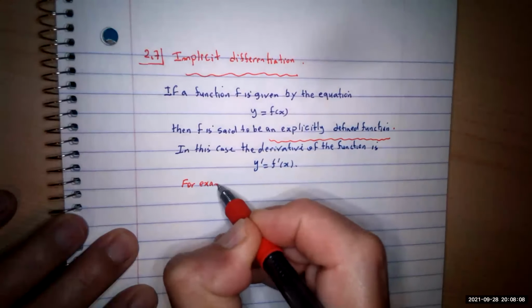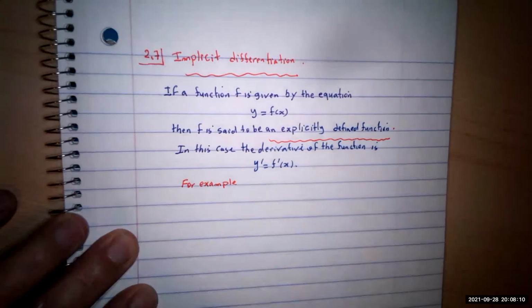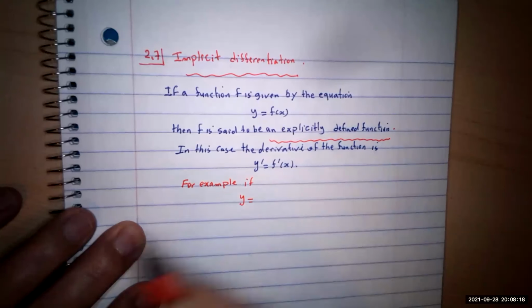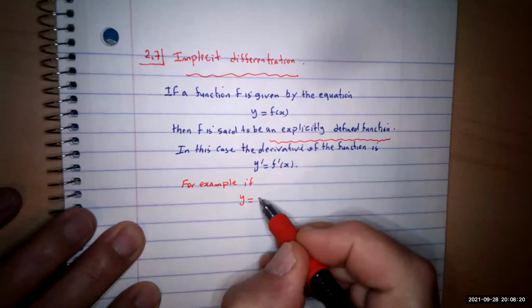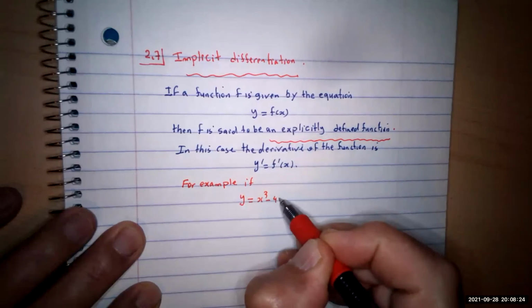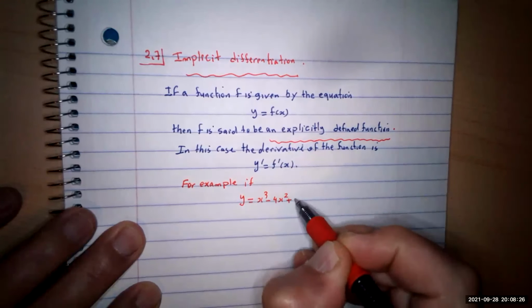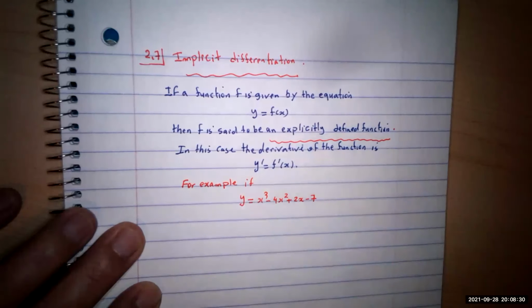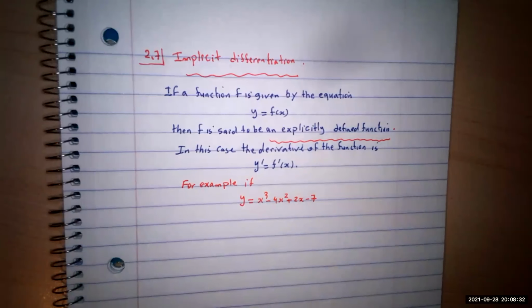For example, if we're given something like y equal to x cubed minus 4x squared plus 2x minus 7. You see, this is an explicitly defined function.